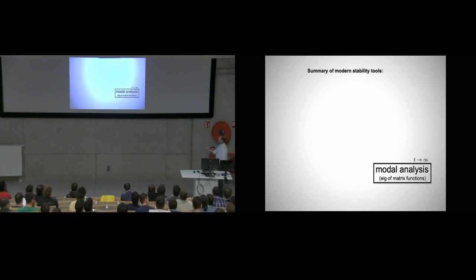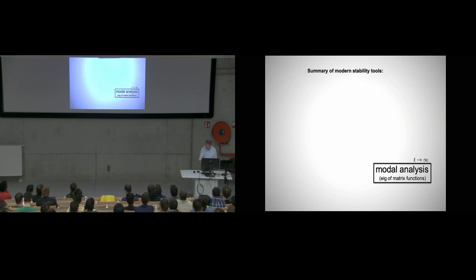That means we're looking at the eigenvalues of matrix functions. But you should remember that this is a T to infinity analysis. You have to judge whether that makes sense for your flow or not. Mostly it doesn't. The few cases where it does make sense or you get away with it are very, very rare. So that's modal analysis.